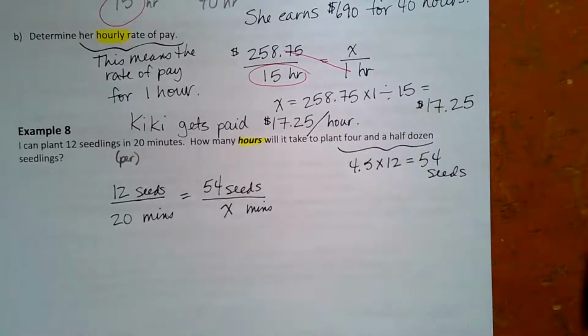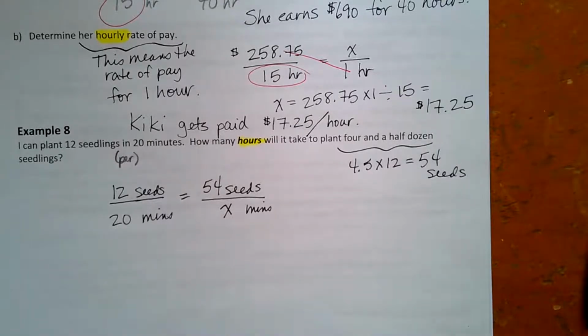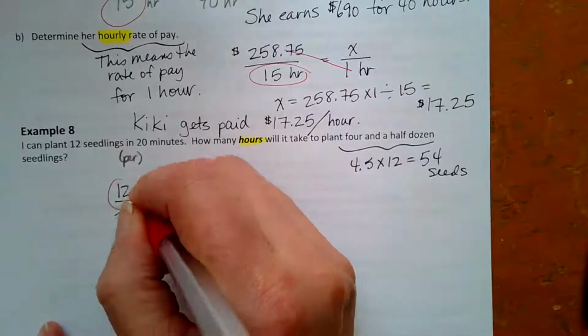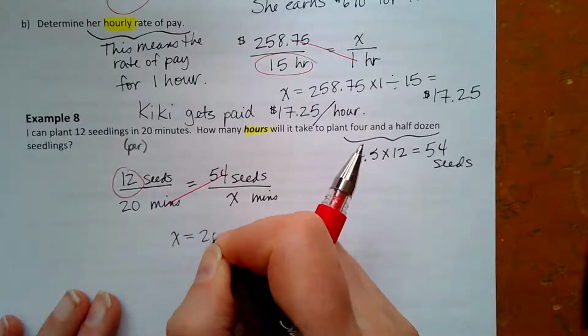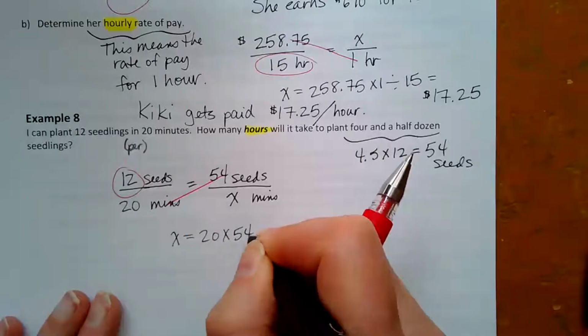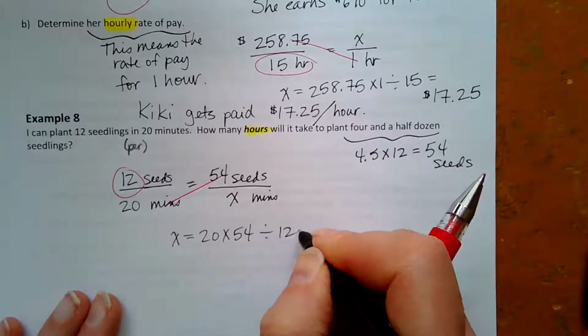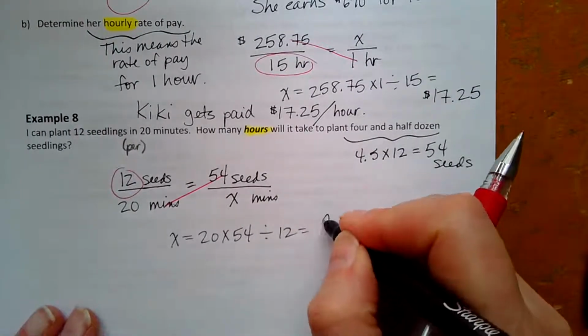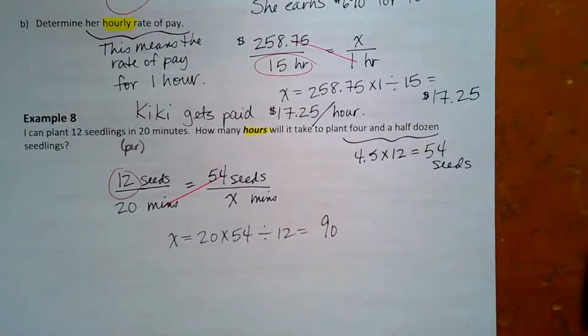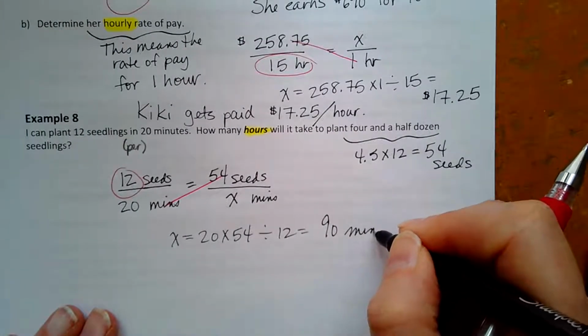So as always, going to multiply, divide by the leftover number. So X equals 20 times 54 divided by 12. And I get 90. Okay, 90 minutes.